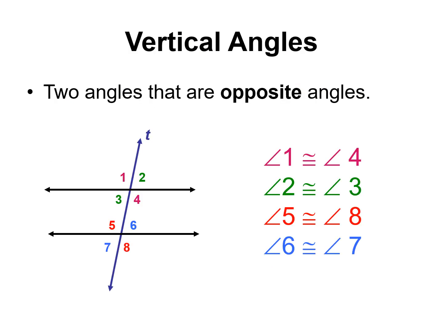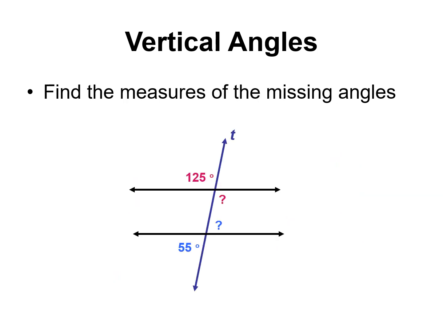Vertical angles: two angles that are opposite angles. When two lines intersect, the opposite angles formed are always congruent, like 1 and 4, 2 and 3, 5 and 8, 6 is congruent to 7. Let us discuss a question based on the properties of these angles and lines.